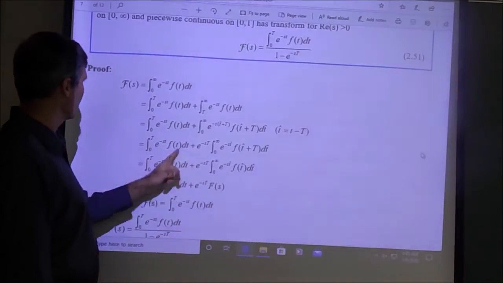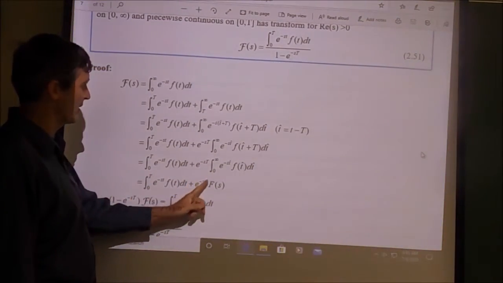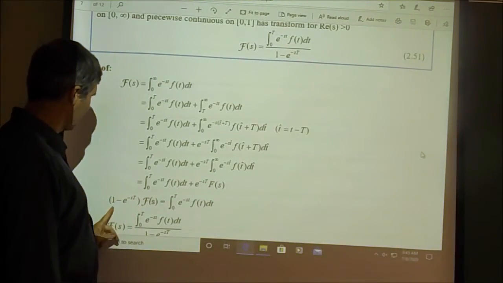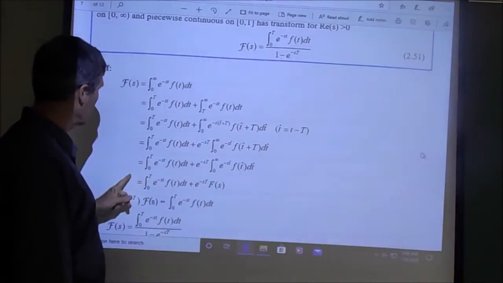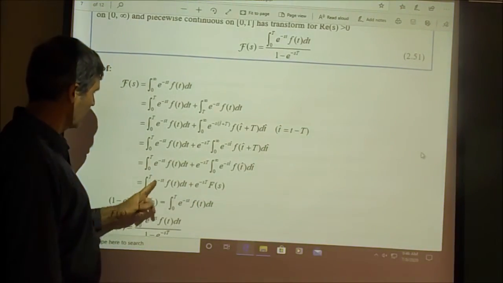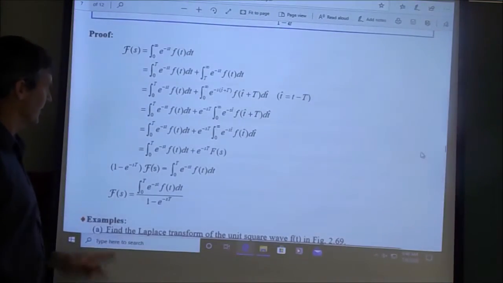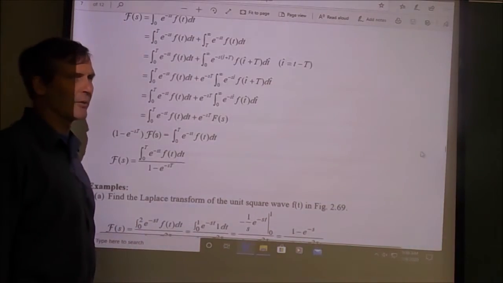If F(s) is equal to this plus e to the minus sT times F(s), subtract this over and factor out the F(s). You've got 1 minus e to the minus sT times F(s) on the left, and then you've just got this integral on the right. There it is, divided by 1 minus e to the minus sT. There's the proof.